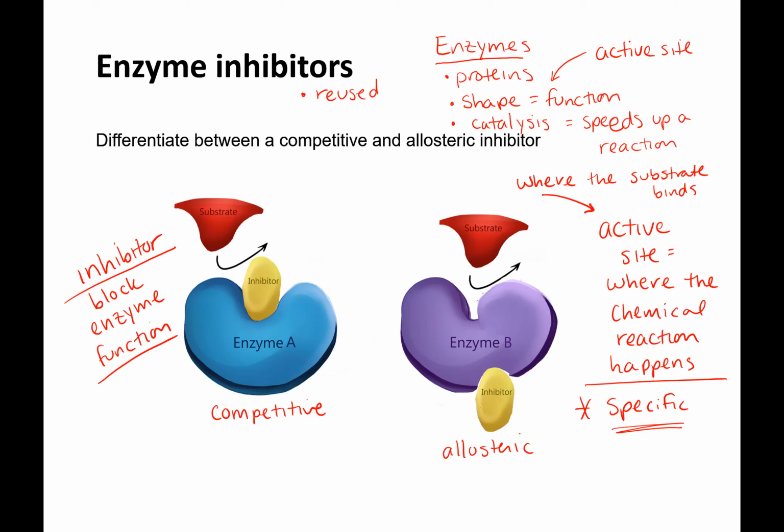And the way it's going to block the enzyme function is by interfering with the active site. You're going to see that there are two different ways, which you can see by where the inhibitor is binding. Two different ways for inhibitors to block enzyme function by interfering with the active site.